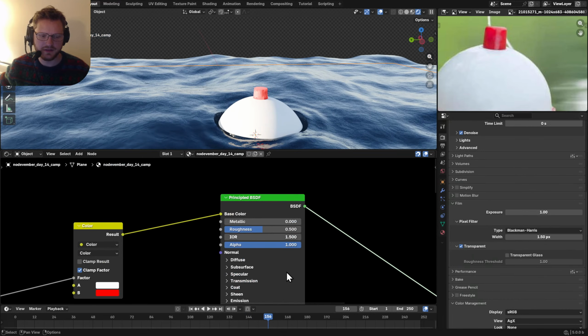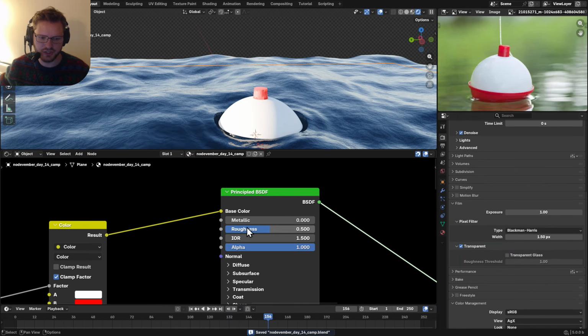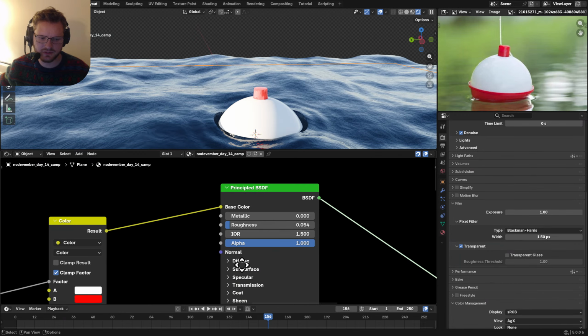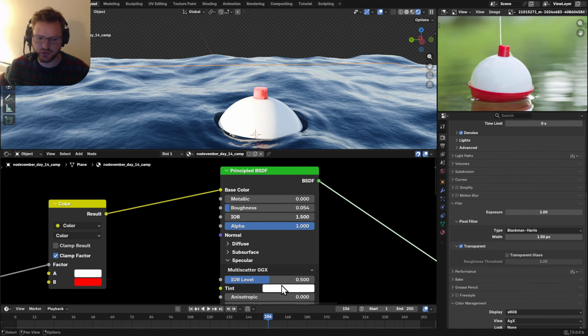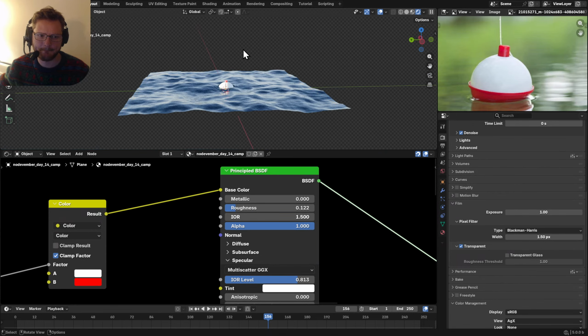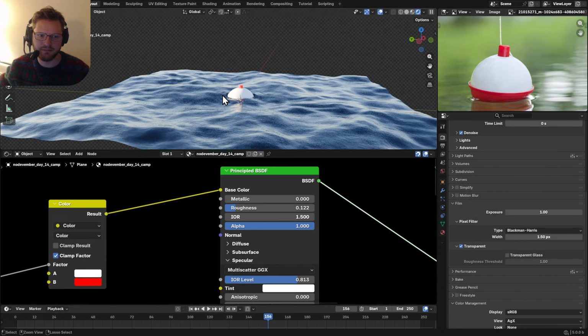Okay. This thing should be shinier, so I'm going to bring down the roughness, and it should work just like anything else. What else is there? There's quite a bit of specular. It's quite shiny, and it's not metallic at all. Okay. Not bad.